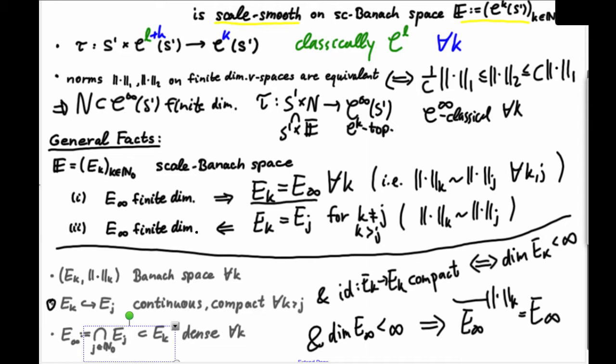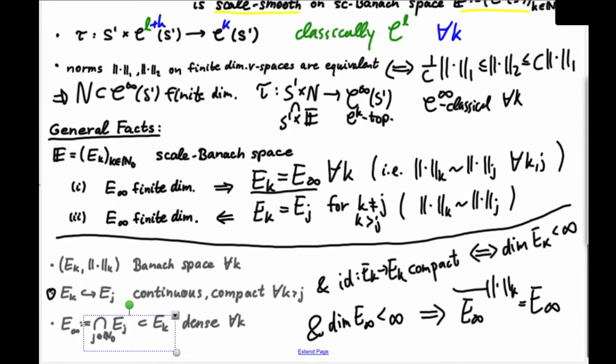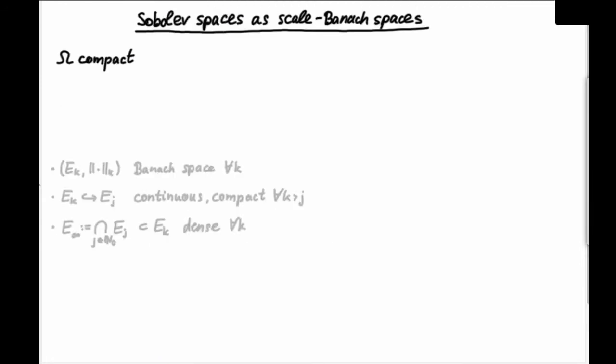Yeah. The filtration is constant. And the filtration is constant if and only if it's finite dimensional. So that means that we expect exactly the classical differentiability if and only if we're in finite dimensions. So, and that's usually a good thing.